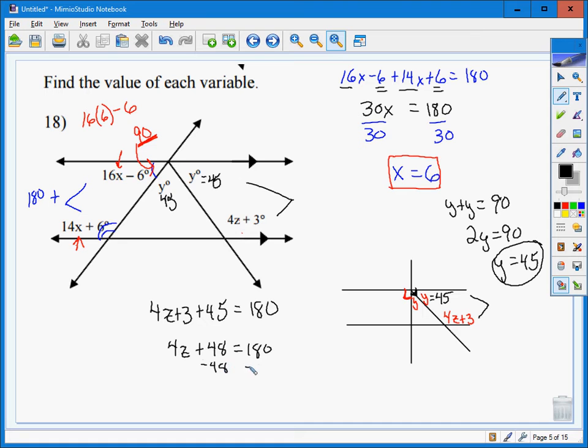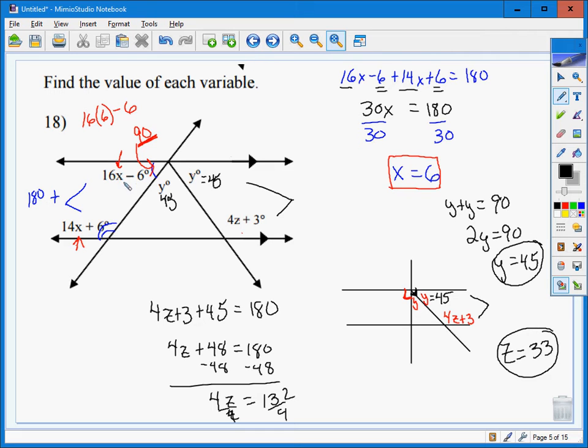Subtracting the 48 from both sides, I'd have 4z is equal to 132. So when I divide both sides by 4, I get z equals 33. So there's my three variables.